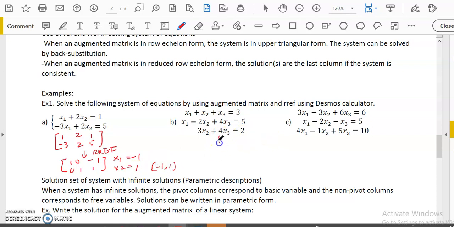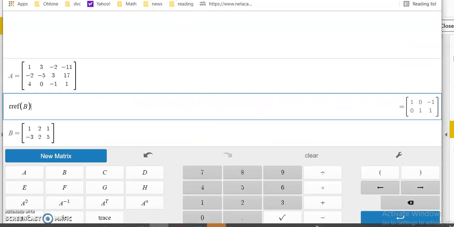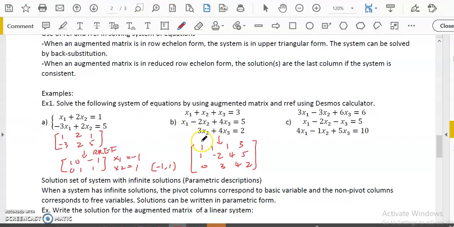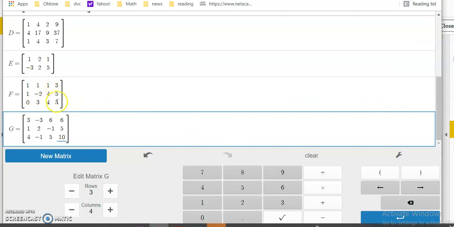Okay, do a 3 by 3. This is recorded in the augmented matrix first: 1, 1, 1, 3. There's no coefficient, that means it's 1. Then 1, negative 2, 4, 5, and 0, 3, 4, 5.